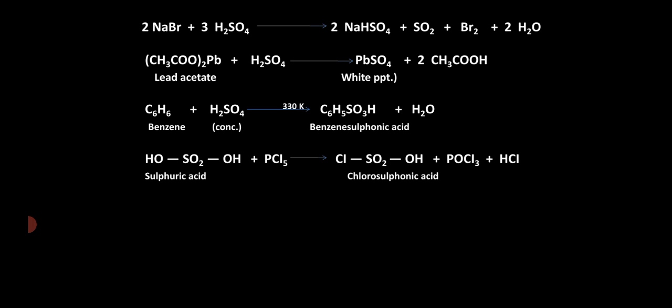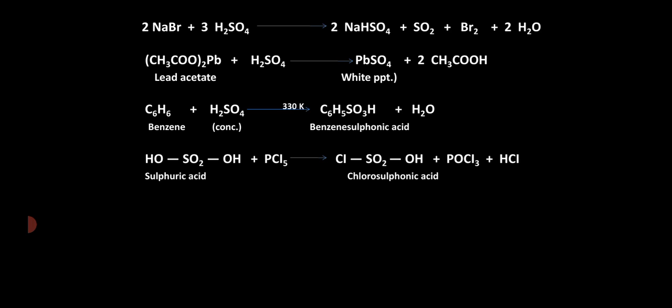Similarly, concentrated sulfuric acid oxidizes metals like copper, lead, mercury, etc., first to their oxides and then to the sulfates. Got it? That is, copper plus concentrated H2SO4 will give you copper sulfate plus SO2 plus water.